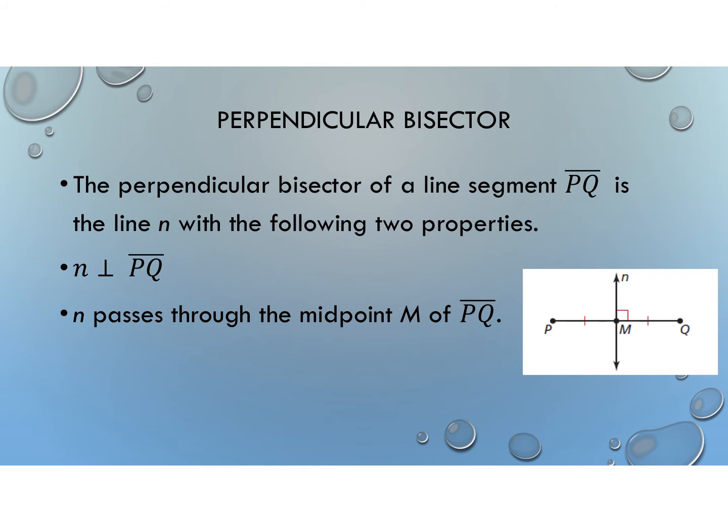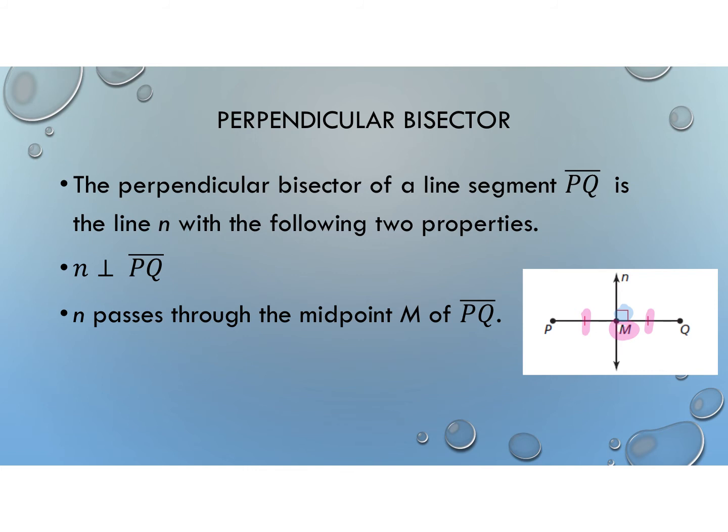But what makes this line N the perpendicular bisector is it's got that right angle there.